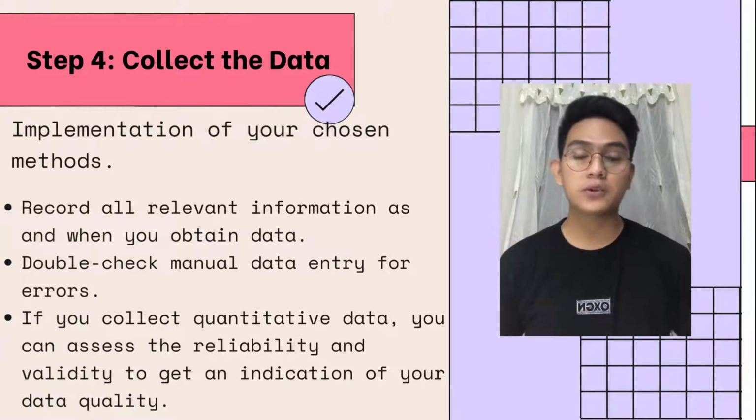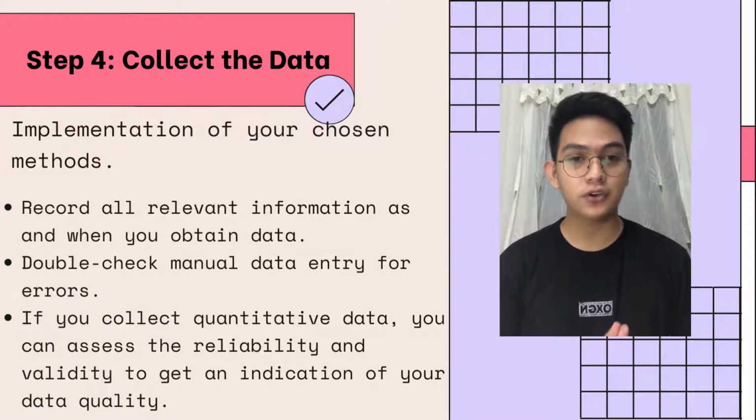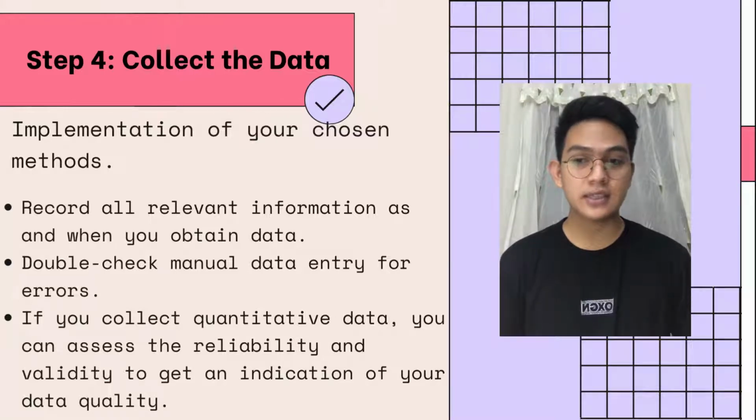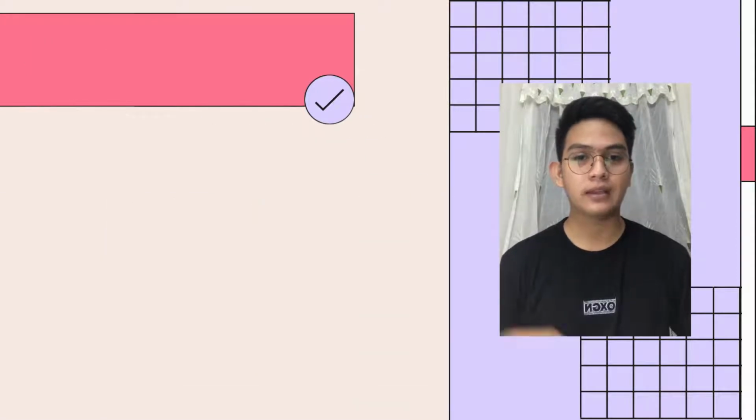First one would be to record all relevant information as and when you obtain the data. The second one is to always double check manual data entry for errors. The third and last would be, if you collect quantitative data, you can assess the reliability and validity to get an indication of your data quality.